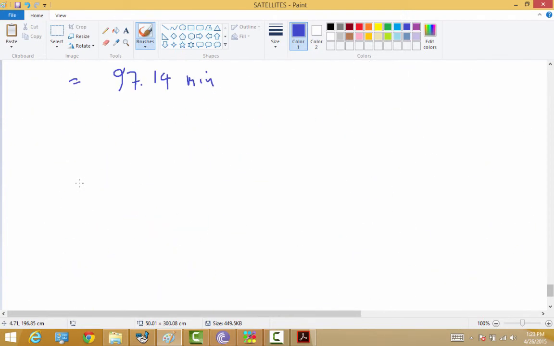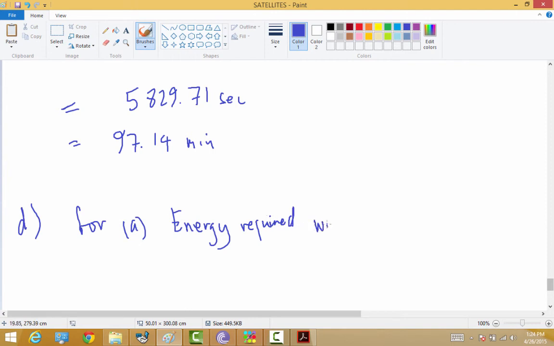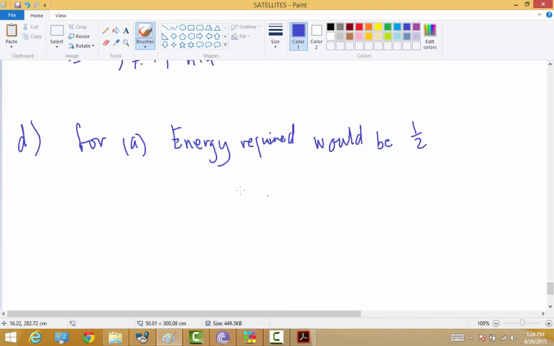So for question D, the answers would be: for A, the energy required would be half, because you're using the mass. It would be half the value that we calculated before.